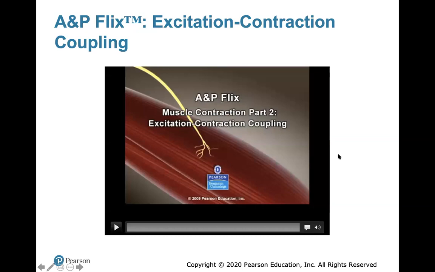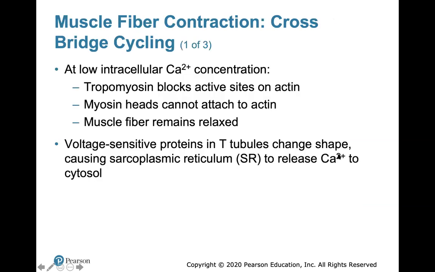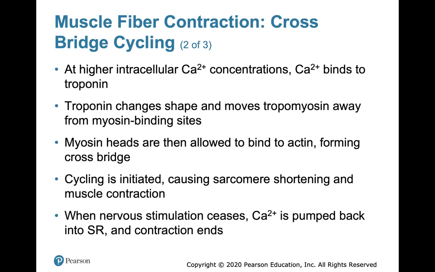This is a good chapter, especially good to look at the animations. At low intracellular calcium concentrations, tropomyosin will always block the active sites on actin, so the myosin heads cannot attach to actin and the muscle fiber will remain relaxed. Voltage sensitive proteins in the T tubules will change shape, causing the sarcoplasmic reticulum to release calcium. When calcium concentrations are high, calcium will bind to troponin.